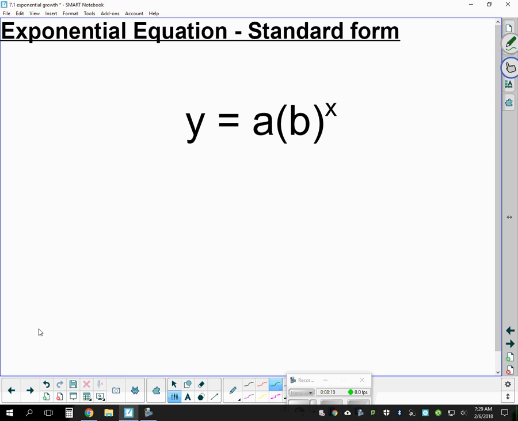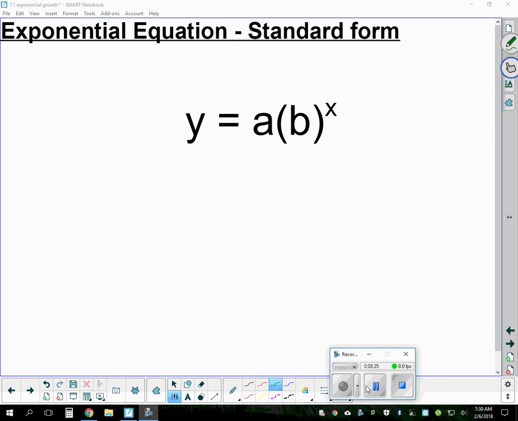Standard form of an exponential equation is y equals a times b to the x. The a, label that your initial value. So that's how much is happening at the beginning of your situation, or generally when your time is equal to 0, whether it's 0 months, 0 years, 0 whatever, at the beginning of the time.